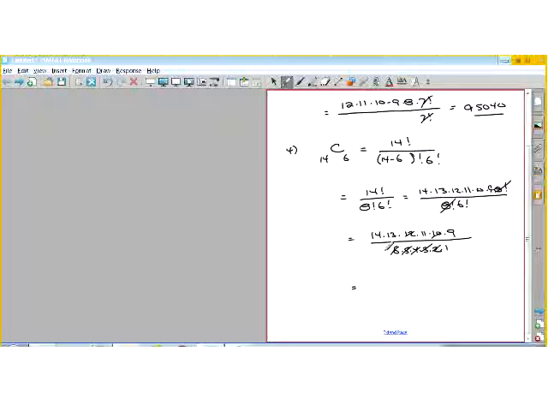So this would become 2, and this would become 3. I divide both of those by 3. Then 14 divided by 2 is 7. Ultimately I end up with 7 times 13 times 11 times 3. The 12s have canceled out, and the 10s have canceled out. So 7 times 13 times 11 times 3 gives you 3003.